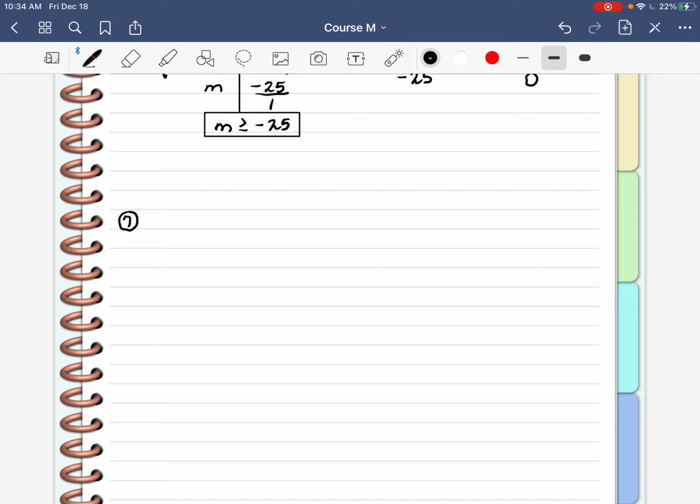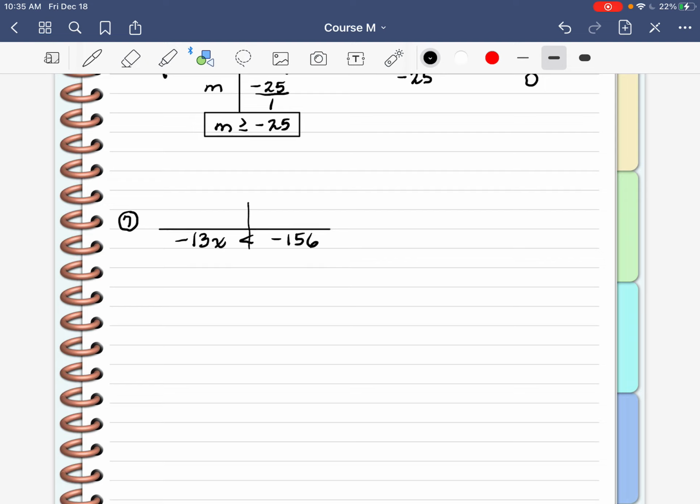Okay, number 7 is negative 13x is less than negative 156. So I can already tell you that this will be an open interval because there's no equal to.